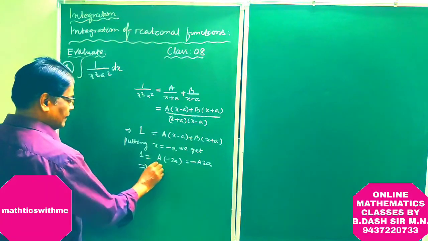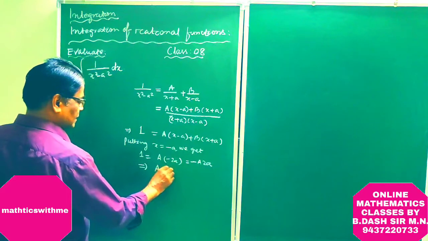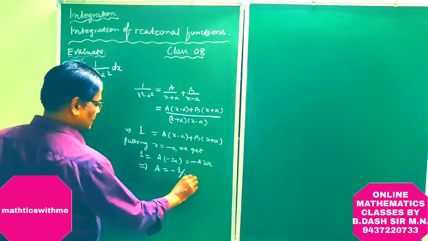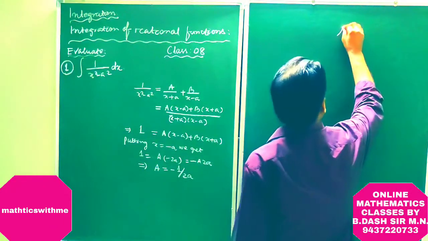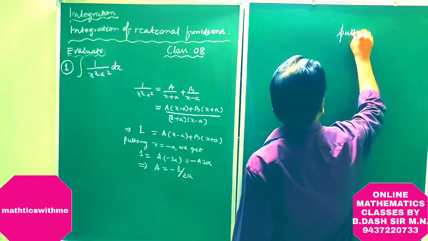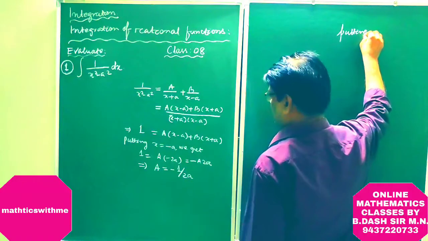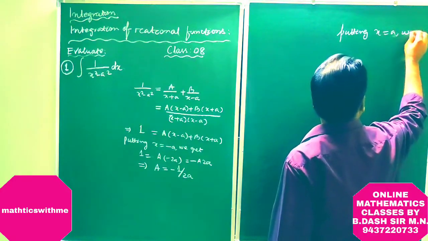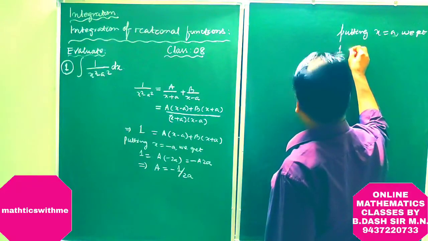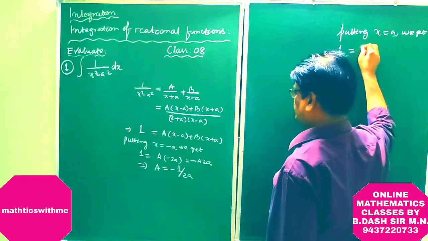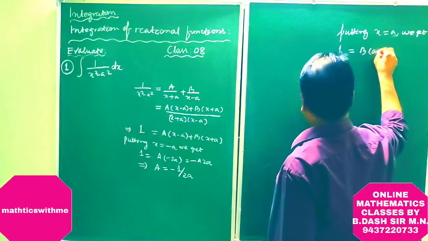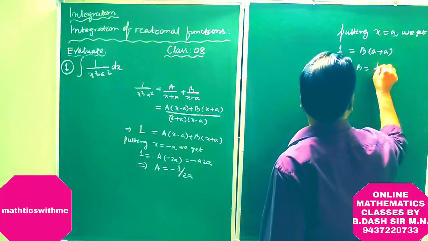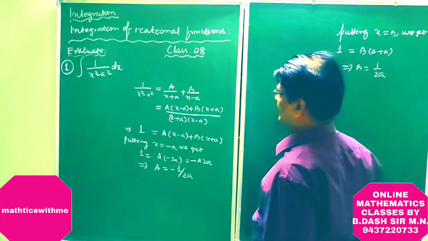This implies A is equal to minus 1 by 2a. Now putting x is equal to a, we get 1 is equal to B into a plus a. This implies B is equal to 1 by 2a.